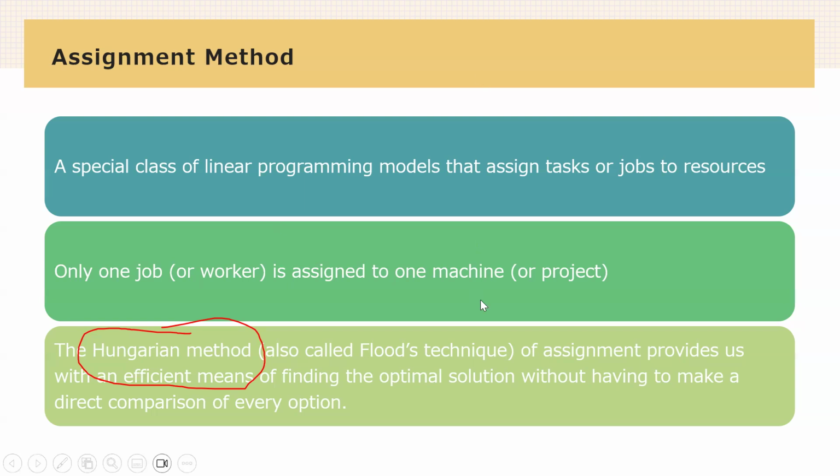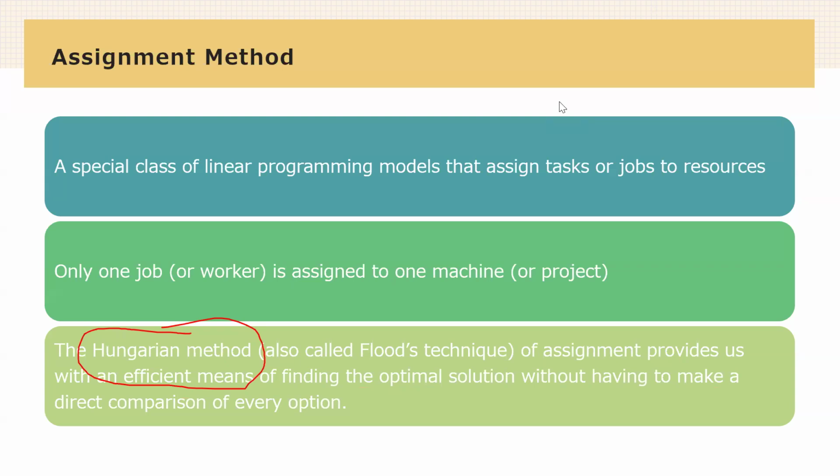Usually we use the Hungarian method, also called the flood technique, as the basic technique to solve the assignment problem. It provides us with an efficient means of finding the optimal solution, so we will find the optimum solution for the assignment problem without having to make a direct comparison of every option.